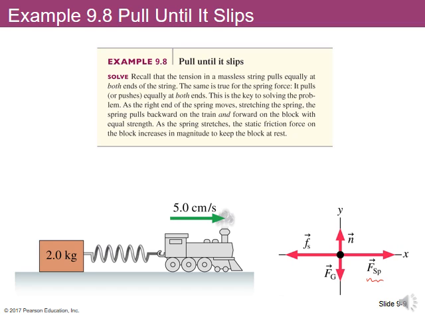It keeps increasing to balance out the force that the spring is pulling on the block. But there's a maximum. Eventually, you reach the maximum static friction force. Remember, we know that the maximum static friction force will be equal to the coefficient of static friction times the normal force that acts on the block.